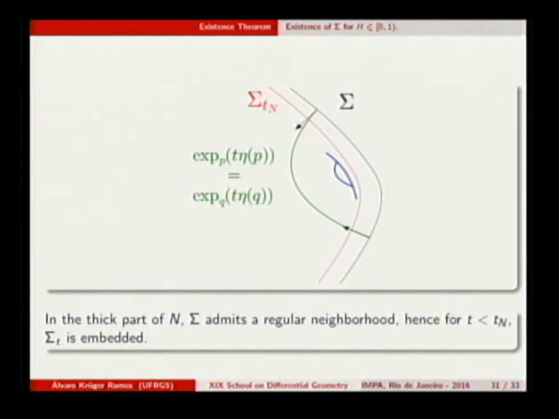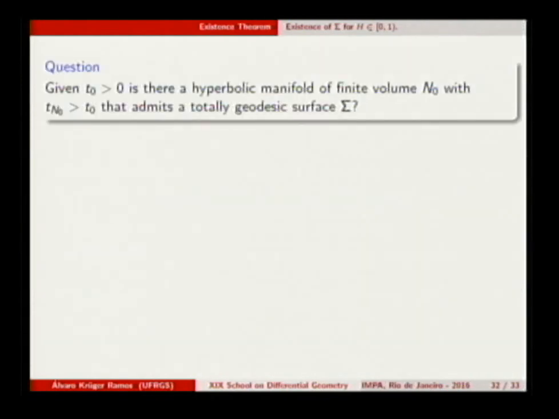Since you are compact, you can have a small neighborhood here of sigma, t sub N, such that for every t less than this t sub N, sigma t is embedded. The good thing about this t sub N is that it actually does not depend on sigma. It depends only on the injectivity radius function of the ambient space in the thick part. So it depends only on N.